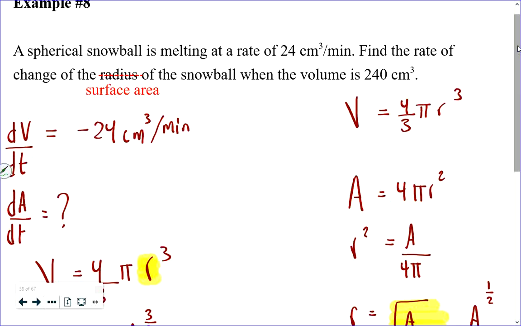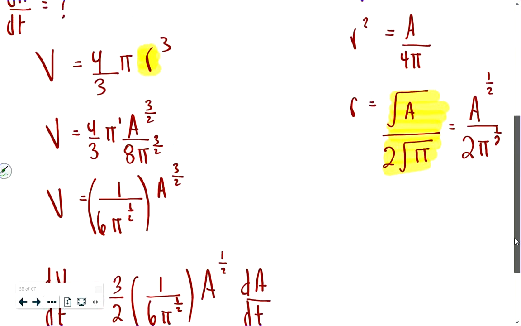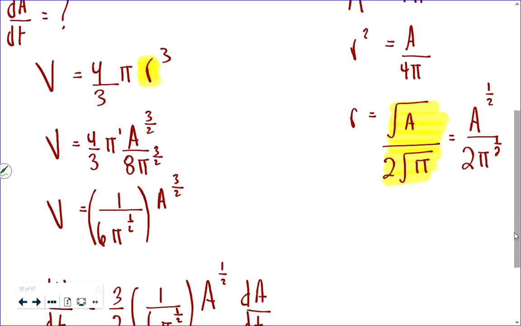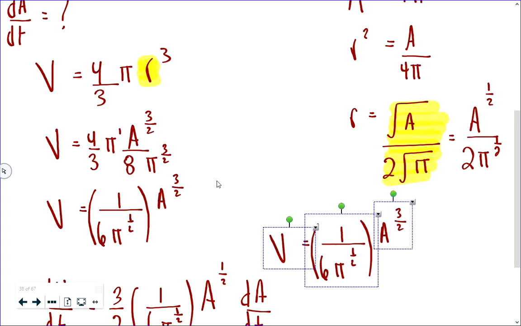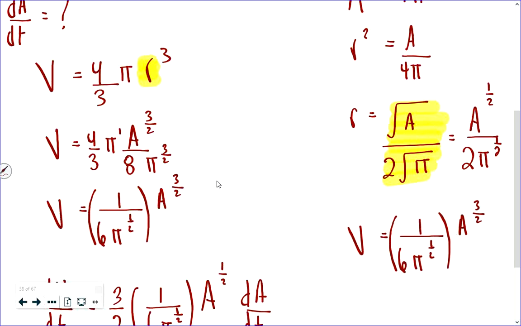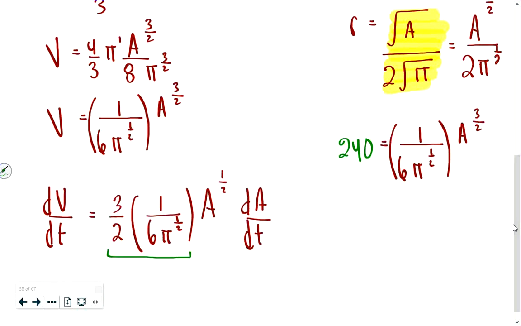But what you need to do is take that 240, solve this for A so that you can put A down here.